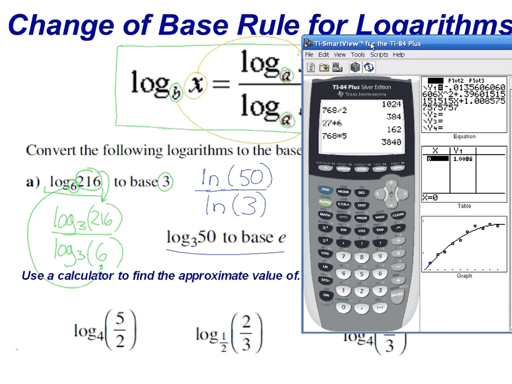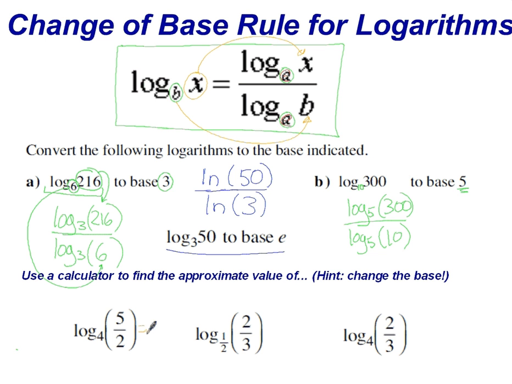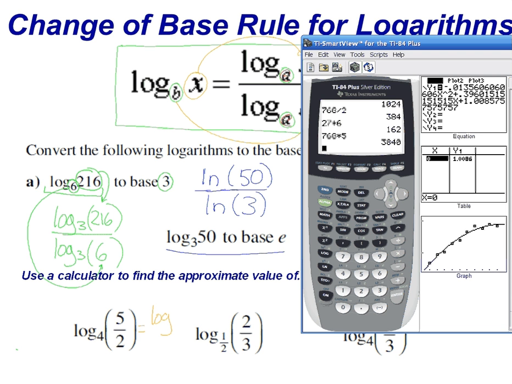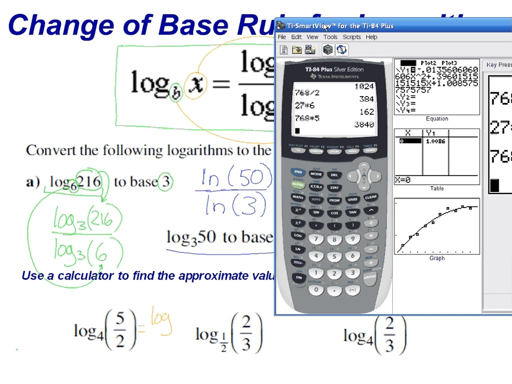So let's see, what we can do is change the base, first of all, like this. Log. Now, we have a choice here. Which base do we want? Our calculator, in the old days anyways, only had two bases. It has this base, log, that's base 10, or it has this base, ln, which is base e. Those are only two options. So in the old days, we had to choose one of those.